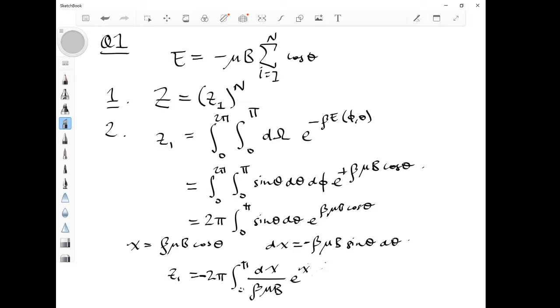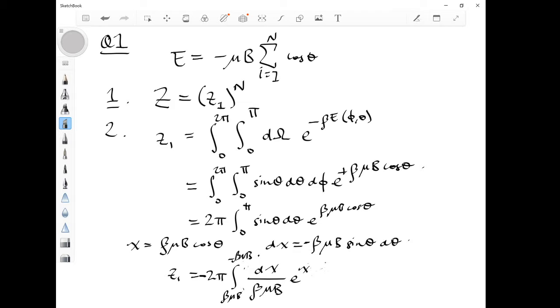Also, these limits, sorry, I've done them incorrectly. The lower limit is just going to be beta mu b, and the upper limit is going to be minus beta mu b, by just substituting in 0 and pi into x.